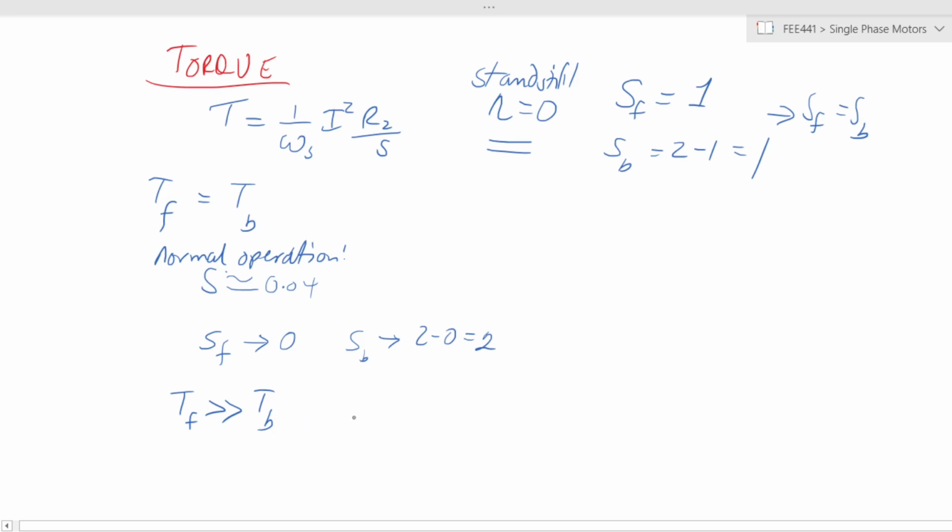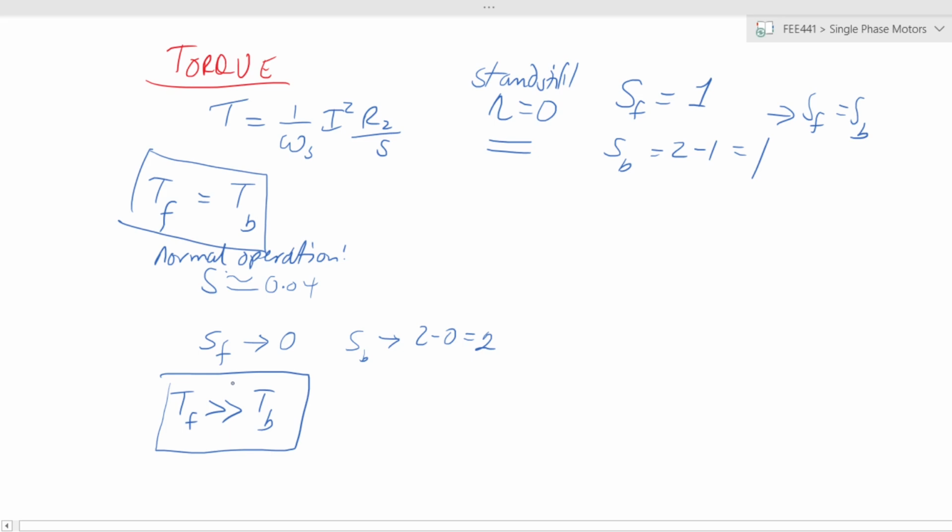This is very important because we can see at standstill the torques cancel each other out. However, at any other time the forward torque will be much larger than the backward torque.